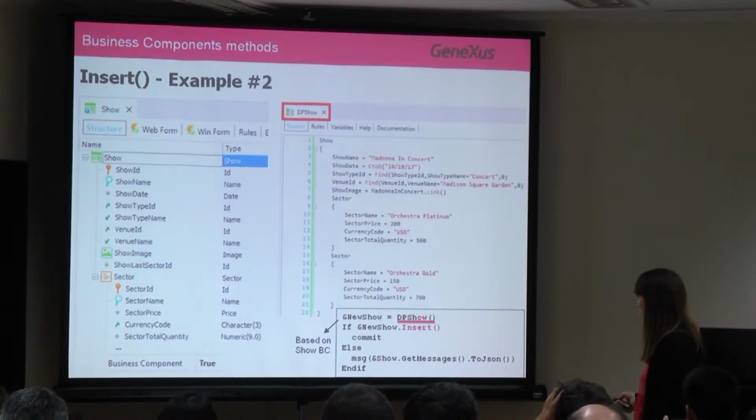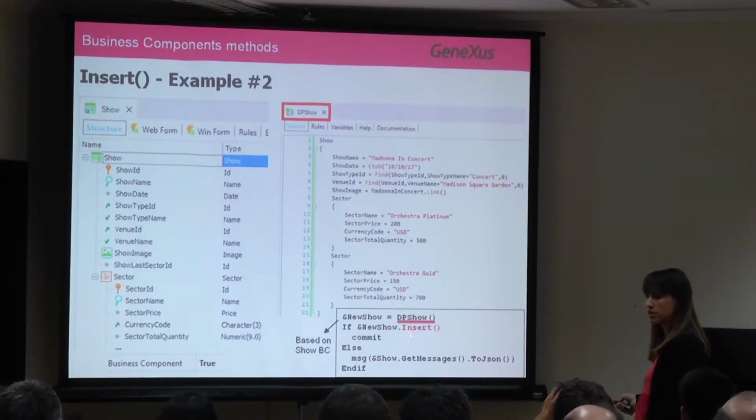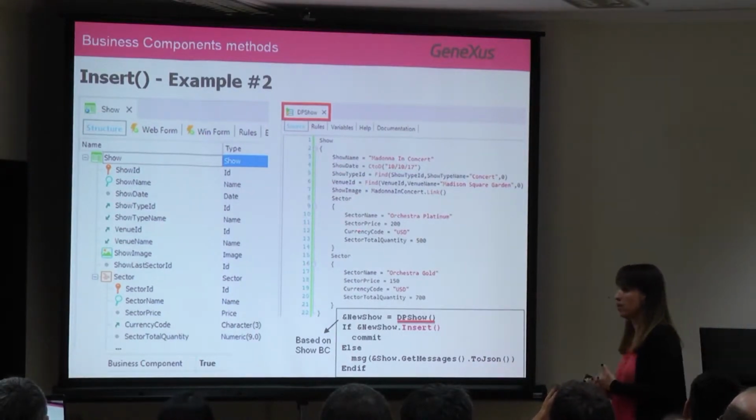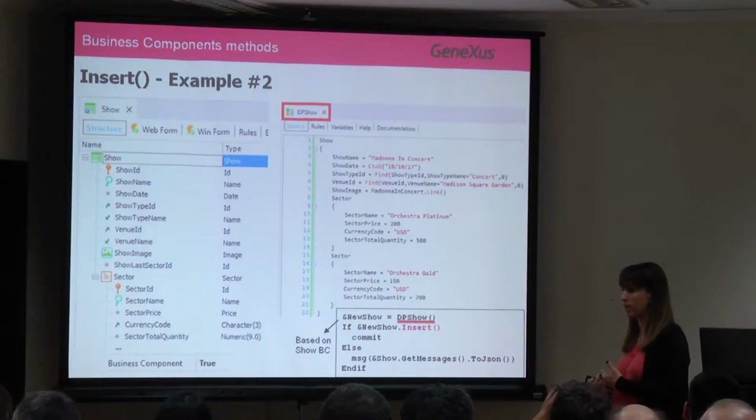Here, instead of writing the whole gigantic code, what I'm doing is asking the data provider to upload the information in the variable, which is the business component of the show. And when it has been uploaded, I do insert, and then I ask whether it succeeded. I do commit and send the messages.